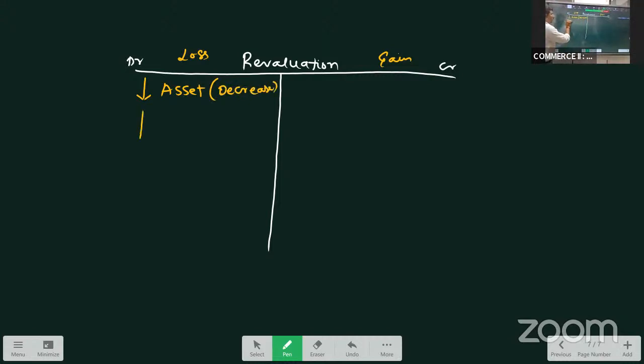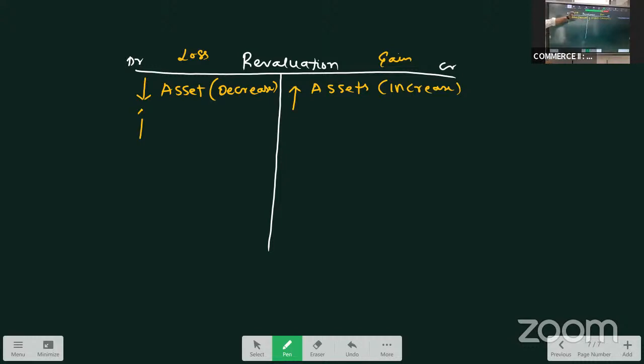If there is an increase in the value of asset, the value of our assets is increasing, so it is a gain for us. That we should take on the credit side. If there is an increase in the value of asset, take it on the credit side.